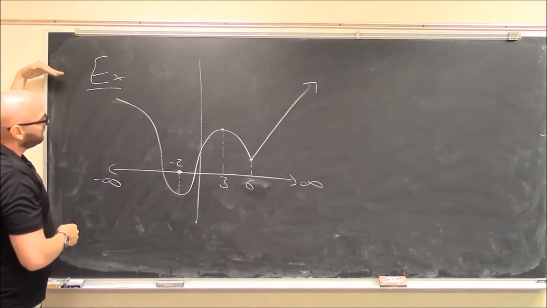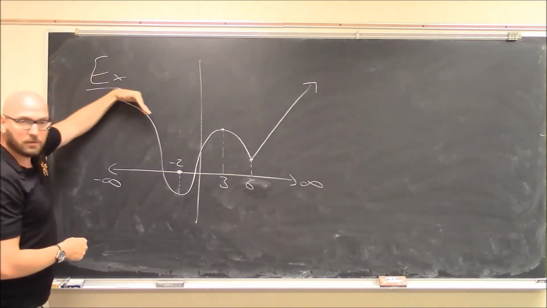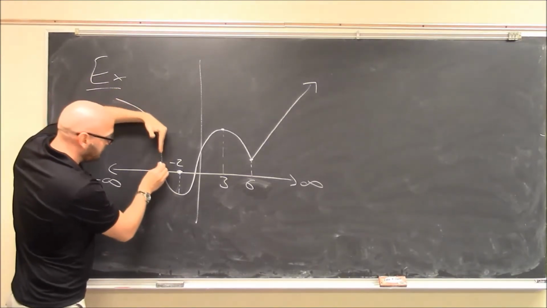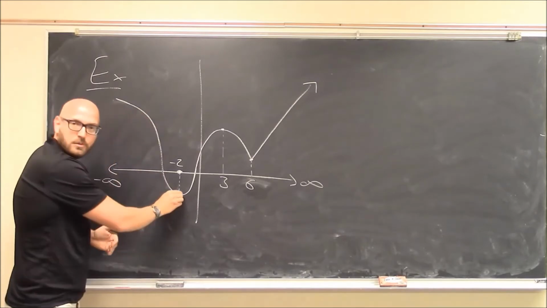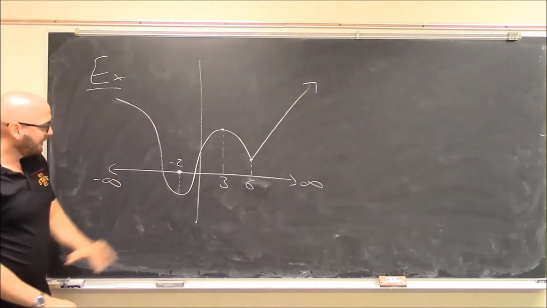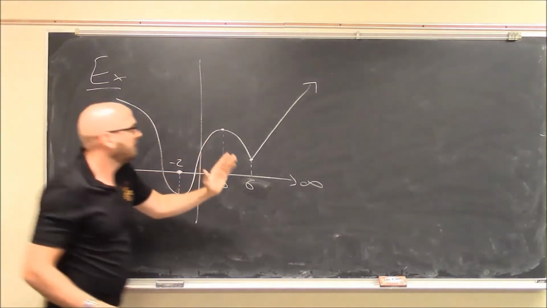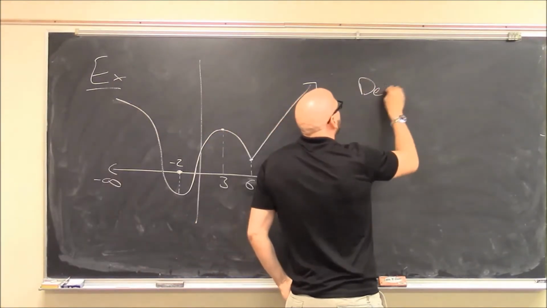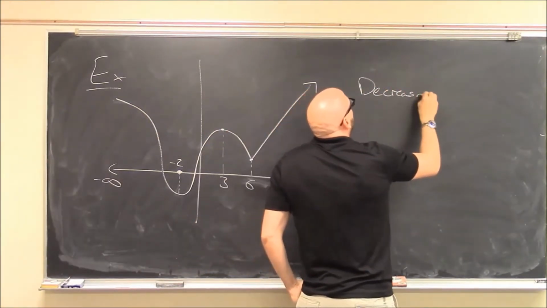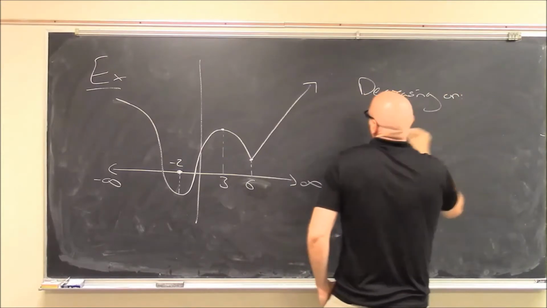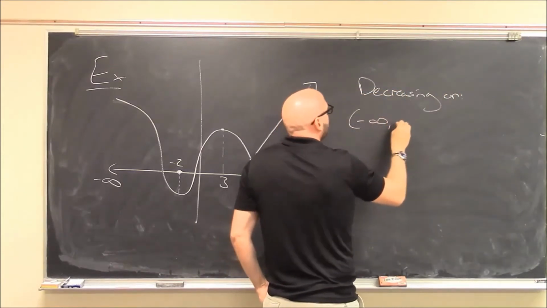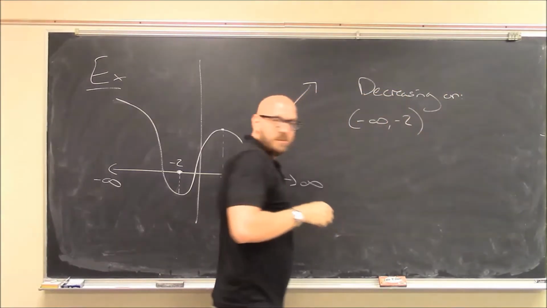As I come from -infinity, I'm always decreasing, decreasing, decreasing until I get to x equals -2. And then I start to increase after that. So where is it decreasing? Well, it's decreasing from -infinity to -2.